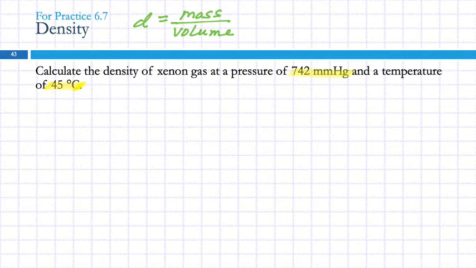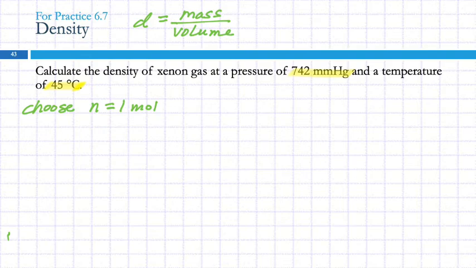Did they tell us how much gas there is? Well, they told us conditions, they told us temperature and pressure, but they didn't tell us how much. So that means we can pick. So what's easy? 1 mole. So we are going to choose n equals 1 mole of gas.